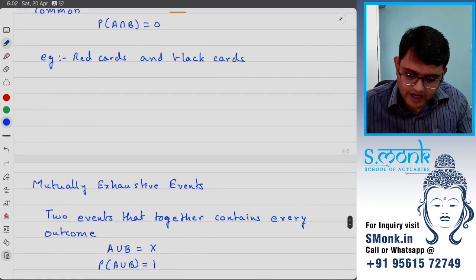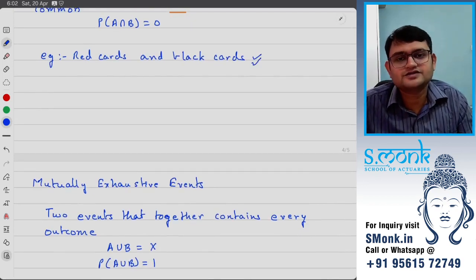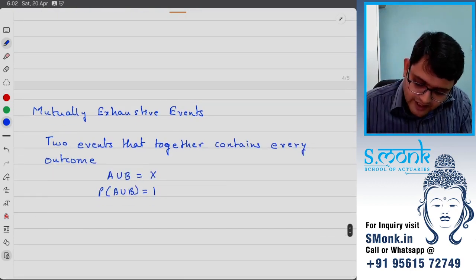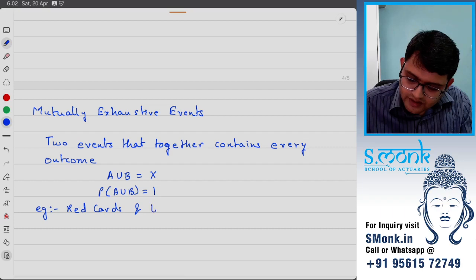Now, another example is red cards and black cards. Here I'll give the example again. Red cards and black cards.